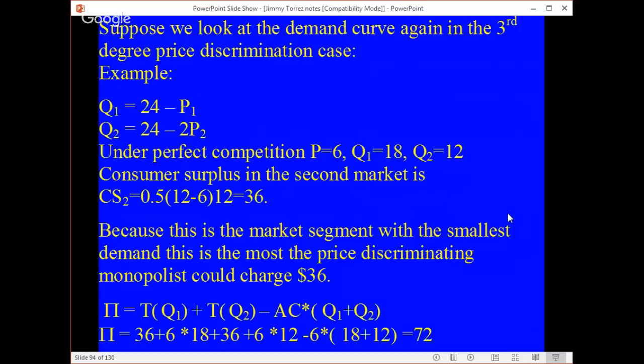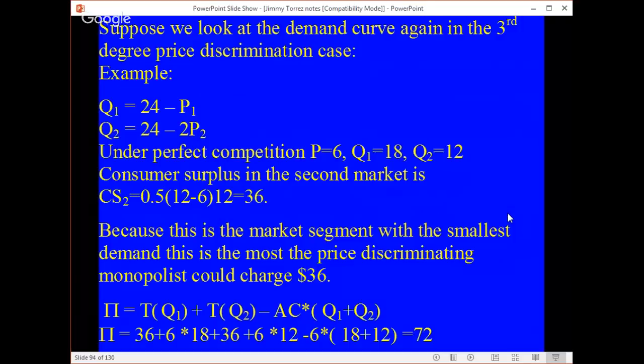Now, if I just had one consumer, what I want to do is charge a price where demand equals marginal cost, or my supply, and then charge a cover equal to consumer surplus. He's willing to pay A plus P times Q.